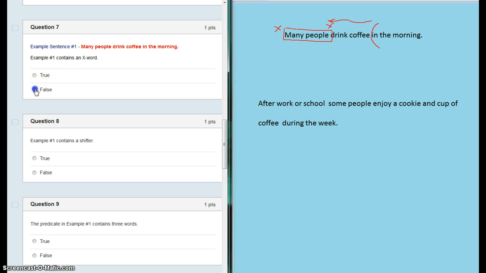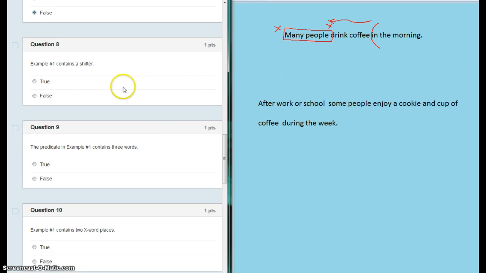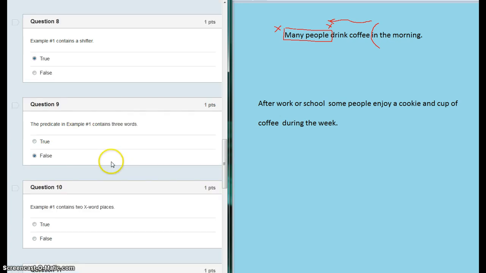False. It doesn't. Example number 1 contains a shifter. That's true. The predicate in example number 1 contains 3 words. No, it just has 2. So the predicate contains 3 words is false.